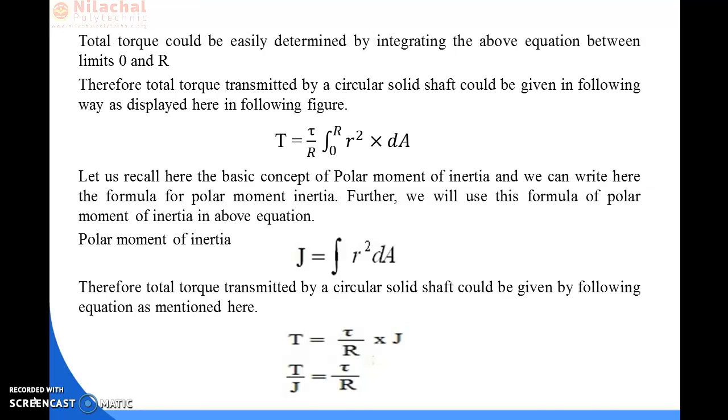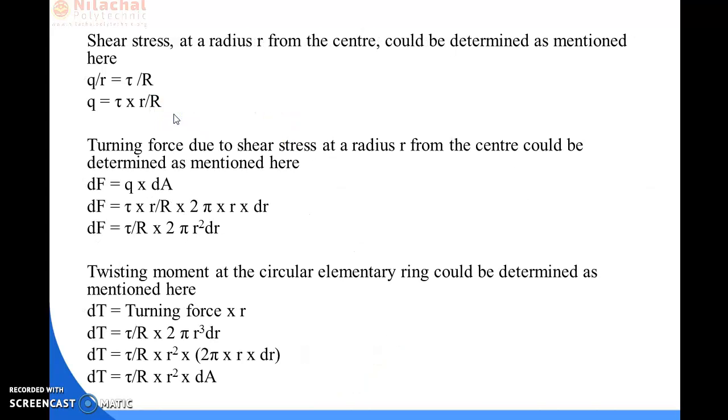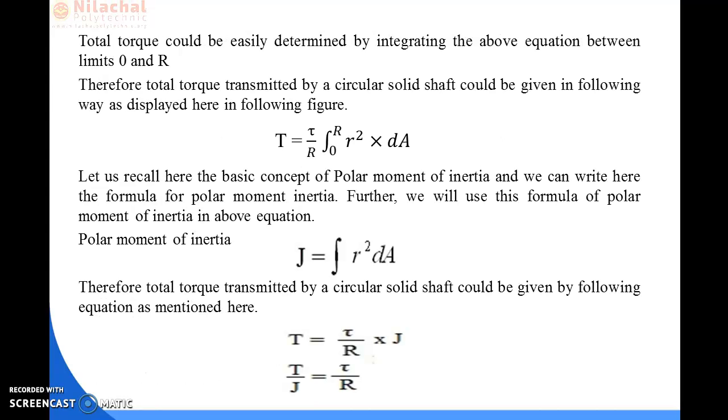So you know that in the last class we have completed the derivation part of the torsion up to this much. So today we will continue from here, where we have already calculated the value of shear stress for the small elementary section, the value of turning force, and also the value of twisting moment for the small elementary ring section.